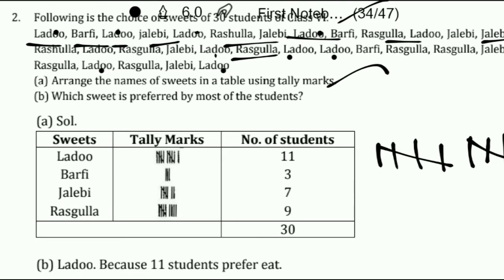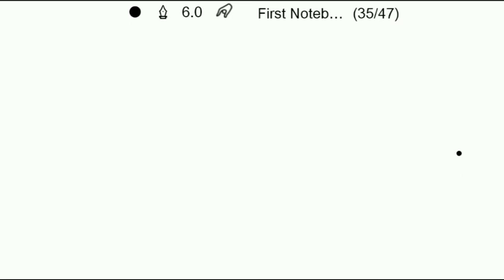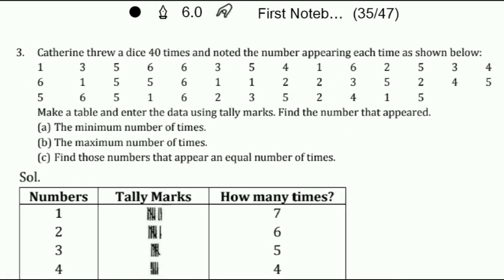Okay. And the second question, which sweet is preferred by most of the students? See, 11 means laddu. Okay. So like this we have to do the tally marks questions. Next, question number 3.